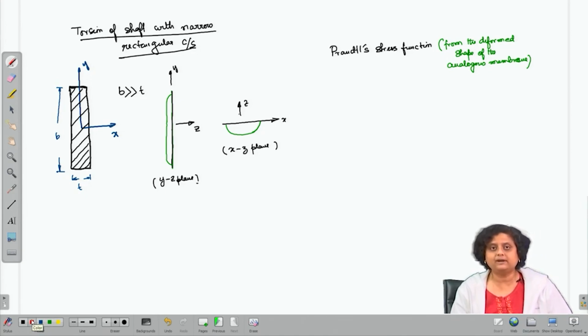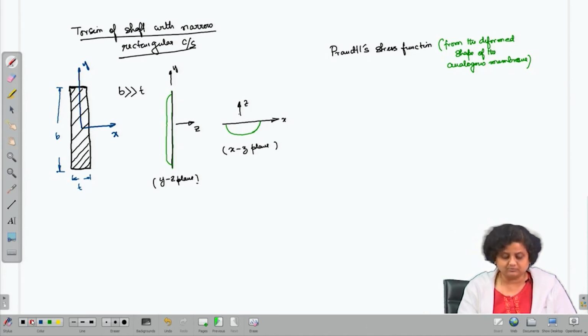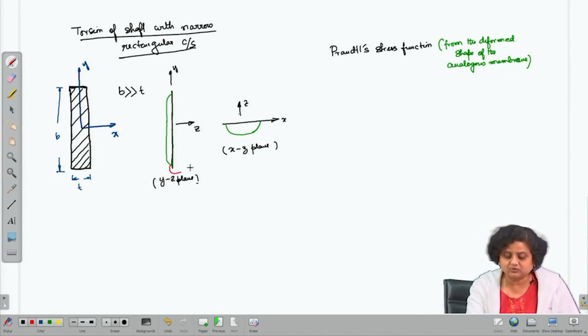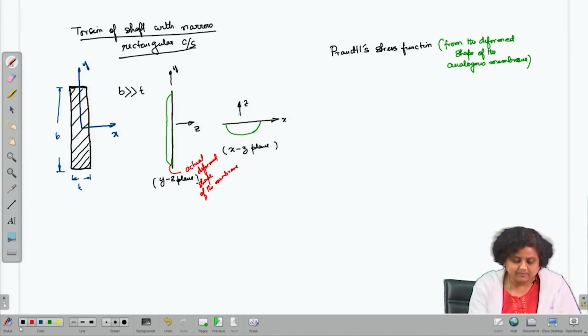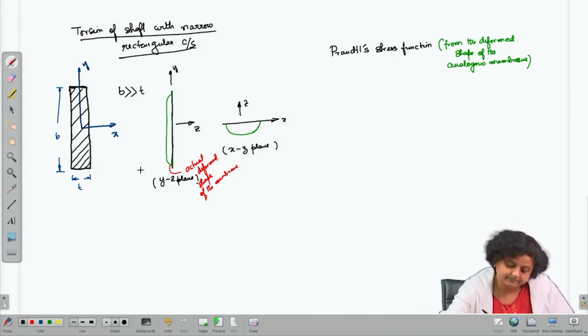Let us try to make a practical approximation of the deformed shape. So, this is the actual deformed shape of the membrane. Now, let us try to approximate it.